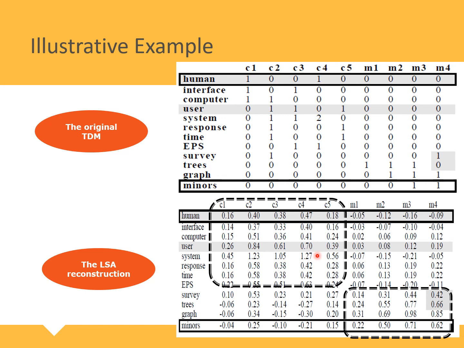So if I am talking about human computer interaction as a concept, then identifying that concept from the data should not depend on the presence of a few keywords, but on all the words which are contextually related to this domain. That is what LSA does.